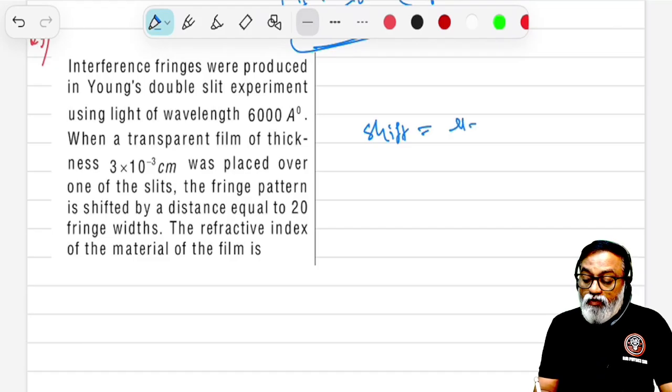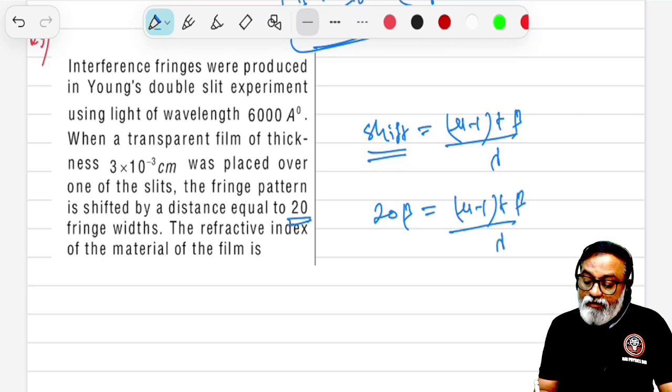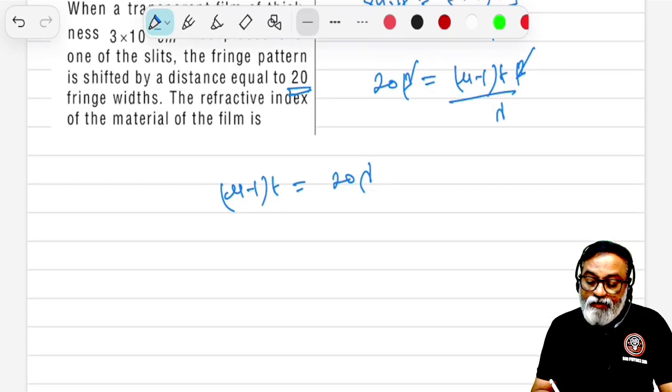shift is equal to mu minus 1 into t beta by lambda. Here shift is given as 20 fringe widths, this means 20 beta. Mu minus 1 into t into beta by lambda. Here beta gets cancelled. Therefore mu minus 1 into t is equal to 20 lambda. Here we have to find the refractive index.